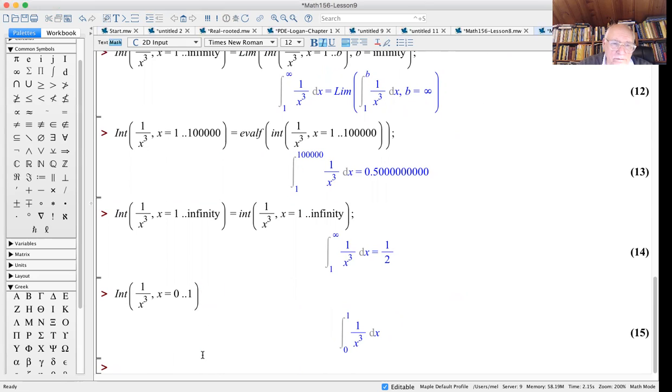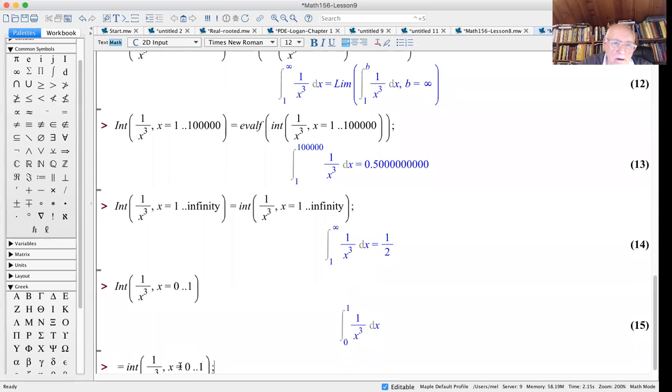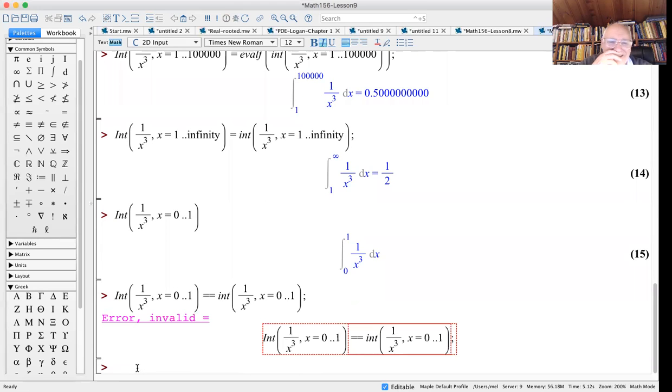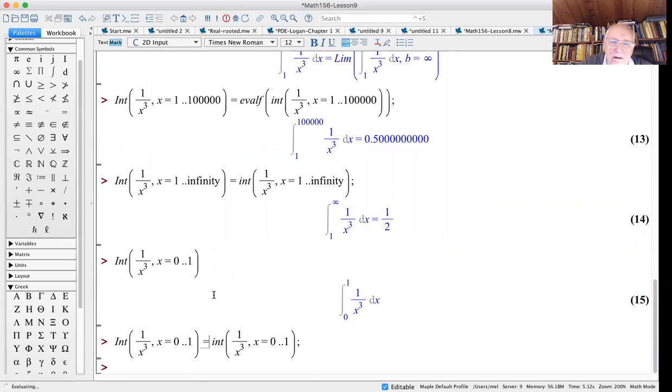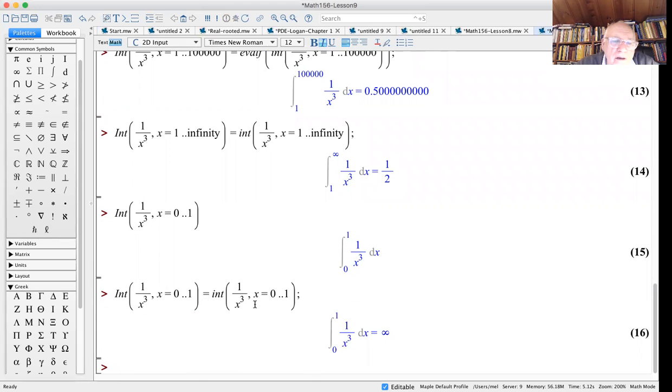What happens if we try to compute this in Maple? So according to Maple, this improper integral diverges. It is infinite.